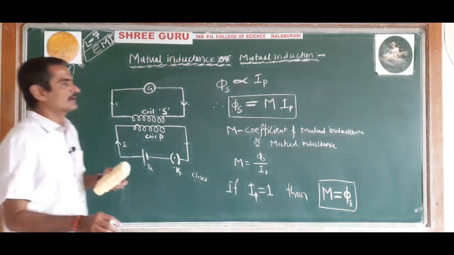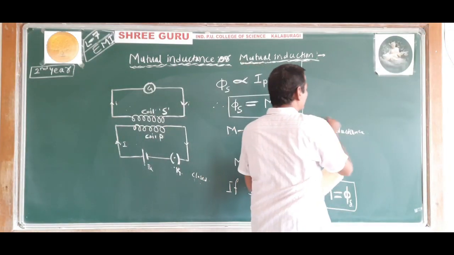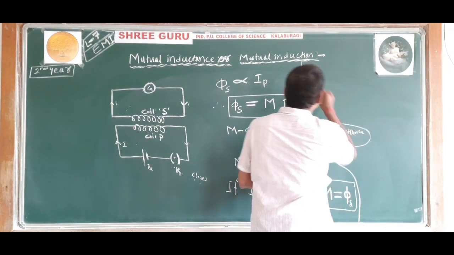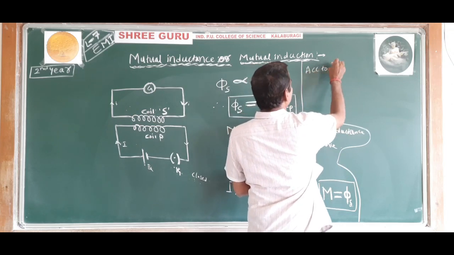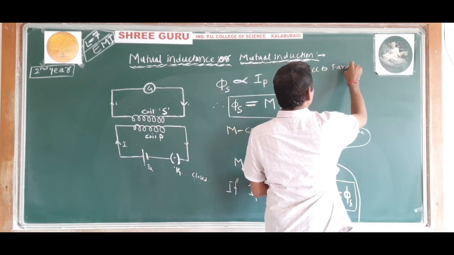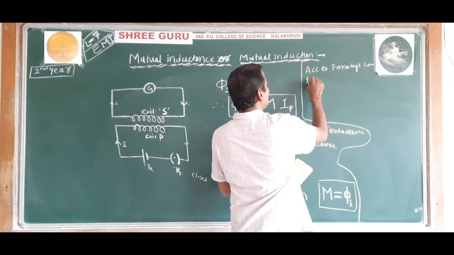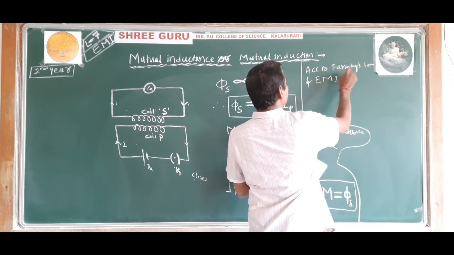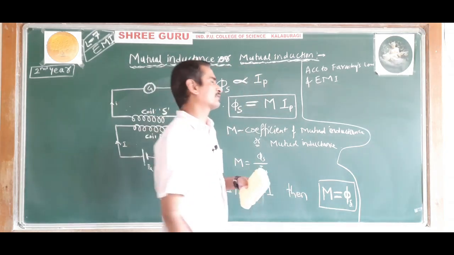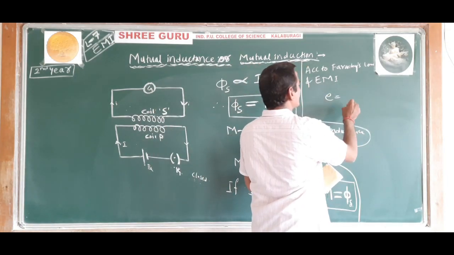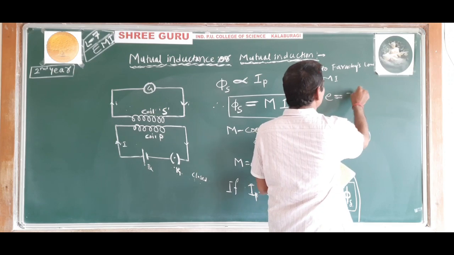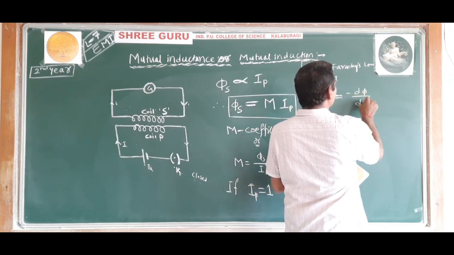So now according to Faraday's law of electromagnetic induction, the induced EMF is given by E is equal to minus d phi by dt.